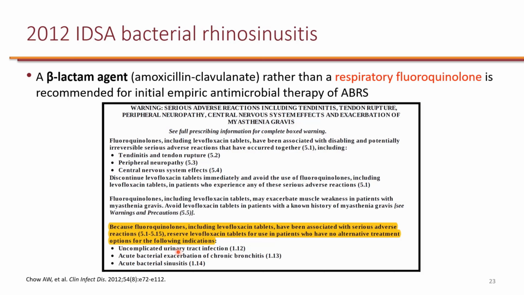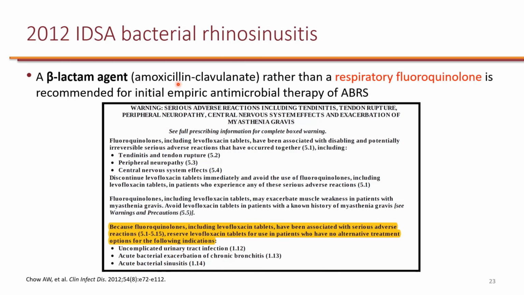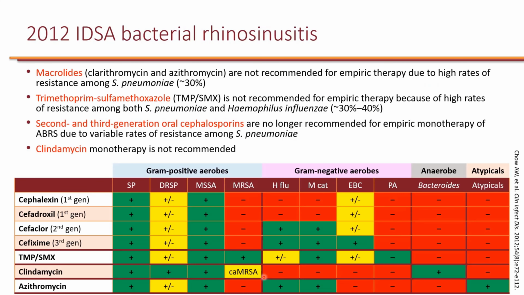Someone with uncomplicated urinary tract infections, if they have options, should receive those other options. So only use fluoroquinolones if there are no other options. The same is true with bacterial sinusitis or rhinosinusitis. If someone can tolerate amoxicillin-clavulanate, then they should get that instead of levofloxacin.